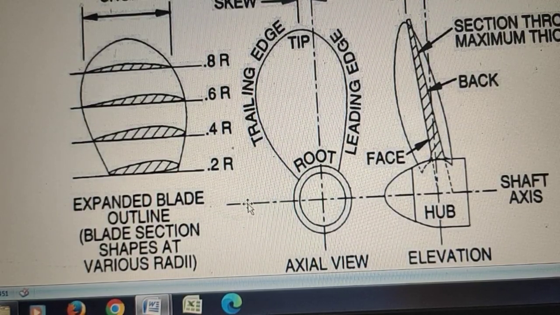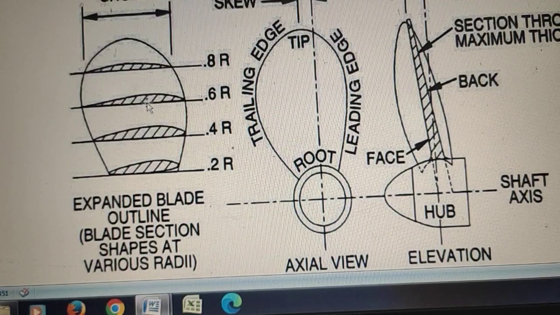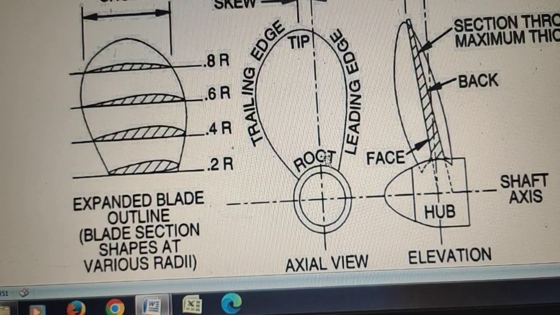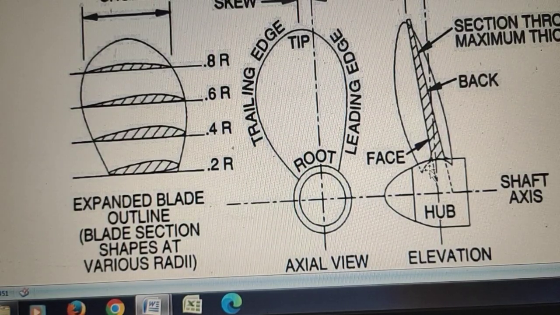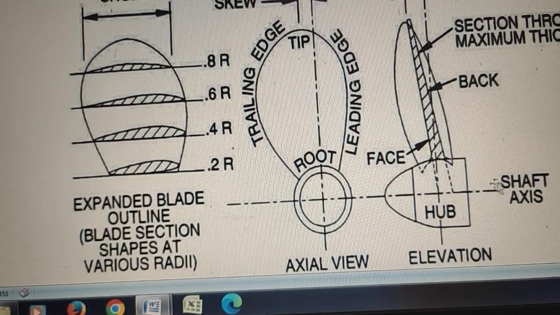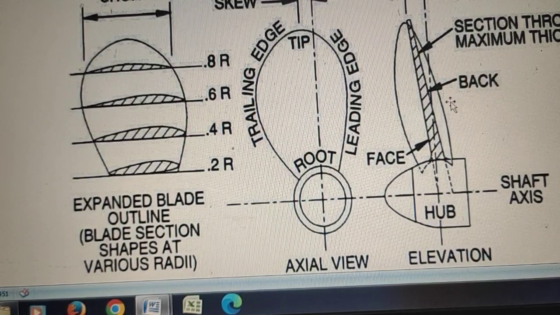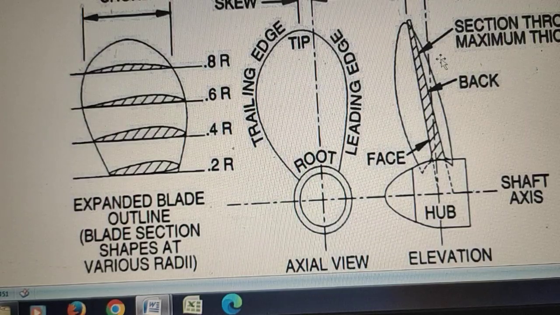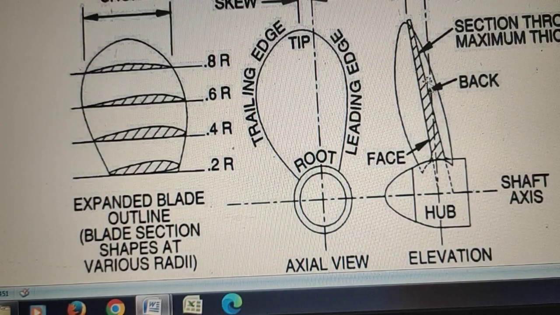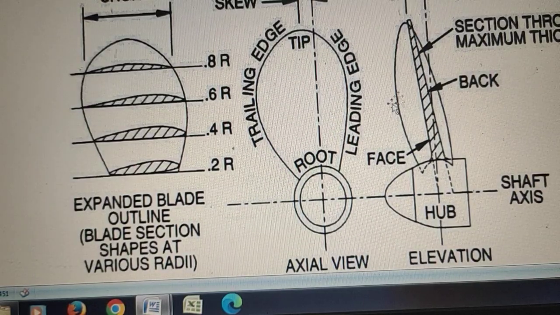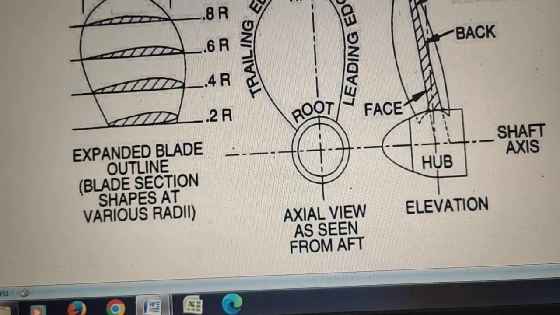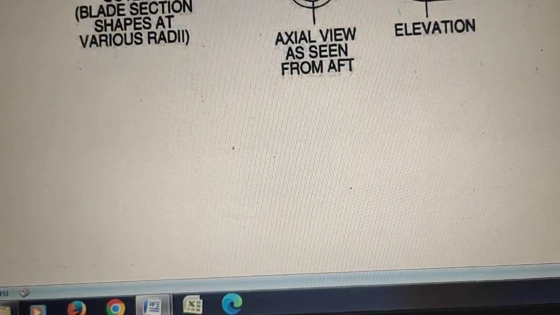This is the center, so this is the expanded view, and then this is the axial view, and this is the elevation, cutting it longitudinally. So this is the shaft on that side. You can see the back, you can see the face, you can see the section through the middle at maximum thickness. So this is what the drawing of the propeller looks like.